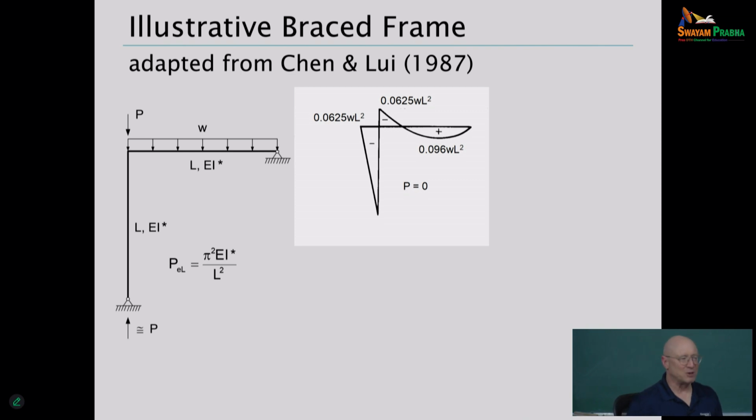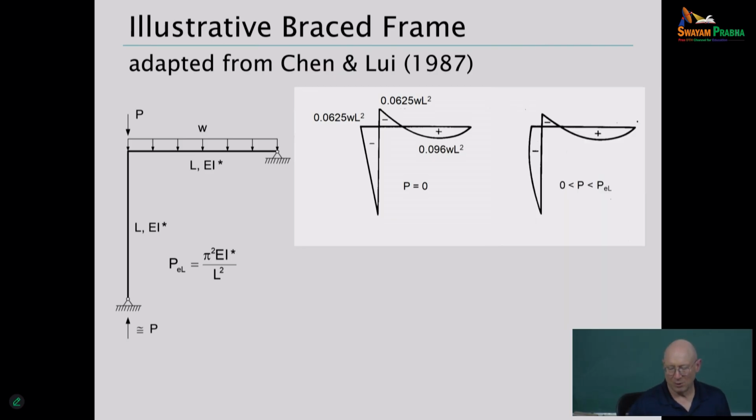What happens if we start applying axial force here and we keep increasing the level of P? Basically we get second order effects. I suppose a good way to say it is there's the piano string problem. If you take a piano string, you pull it very tight, and you try to deflect it transversely, it's stiffer the higher the axial load on it.